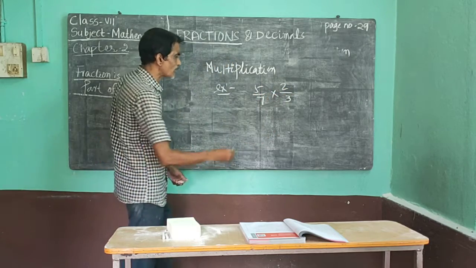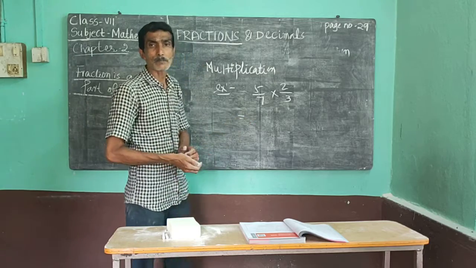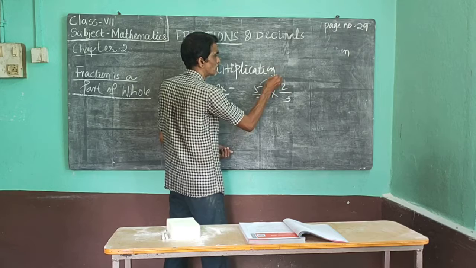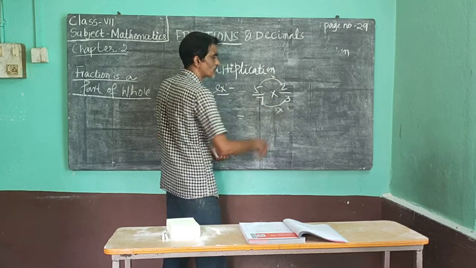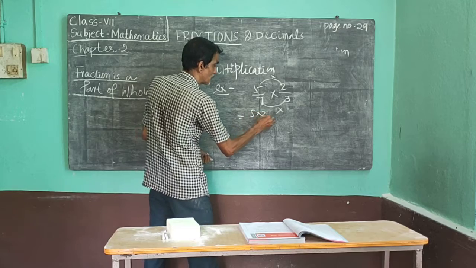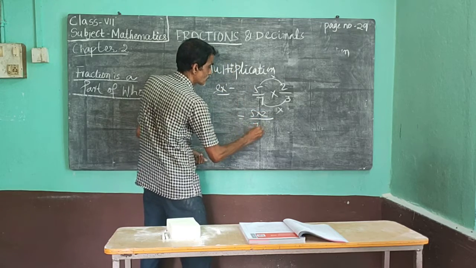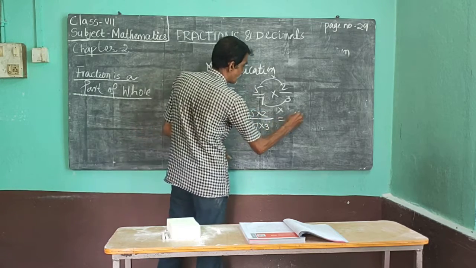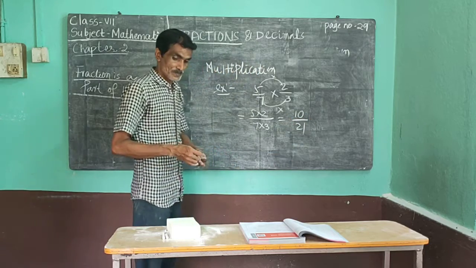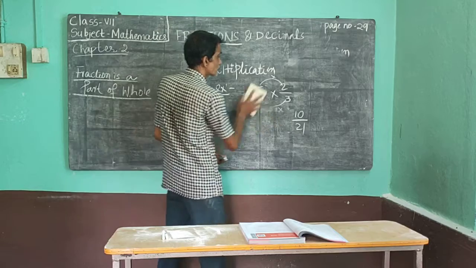So in multiplication, you should not take the LCM of the denominators. You just directly multiply numerator with numerator, denominator with denominator. That means I will multiply 5 multiplied by 2 upon 7 multiplied by 3. My answer is 10 by 21.